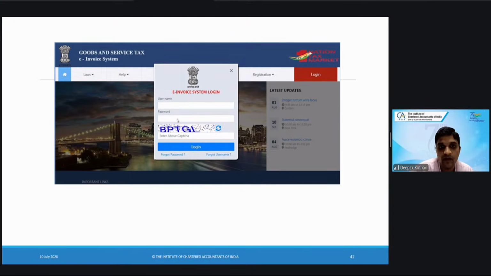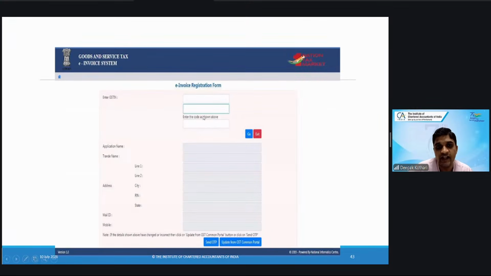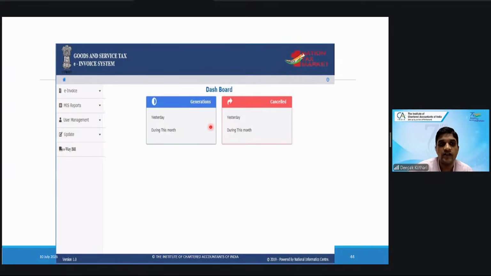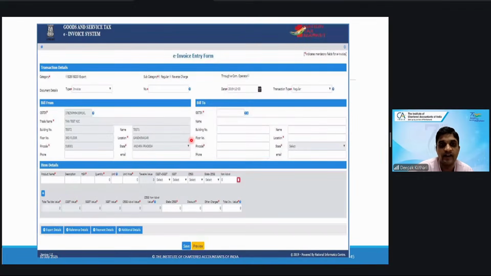Then mention all this detail. Enter your GSTIN number. Enter the business applicant name and things like that. Your name you will mention. That is the initial one-time registration. Then you will go to the dashboard and generate the e-invoice. You will mention the category, whether it is B2B, B2G or export. Then is it regular or reverse charge, or is it through an e-commerce operator? Document type, that is whether it's an invoice, delivery challan, bill of supply, the invoice number, the date, the transaction type.